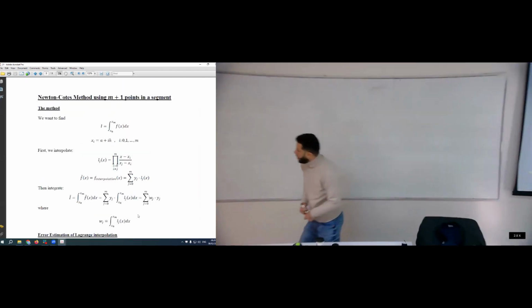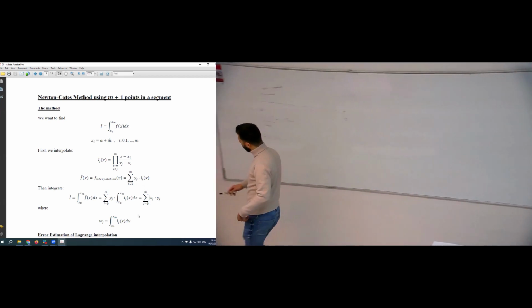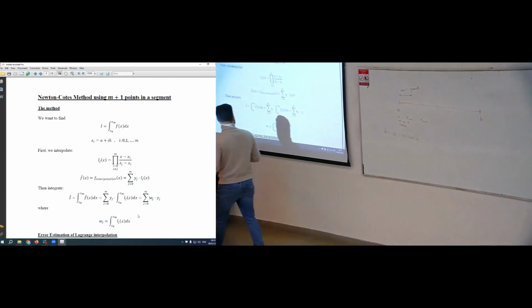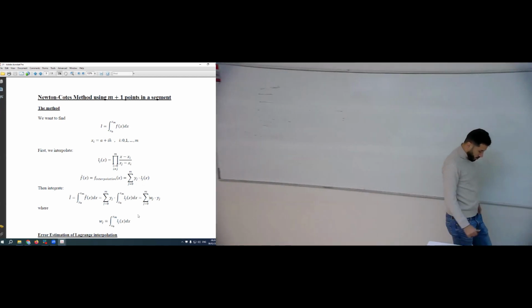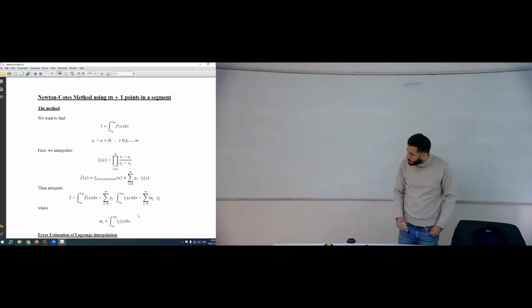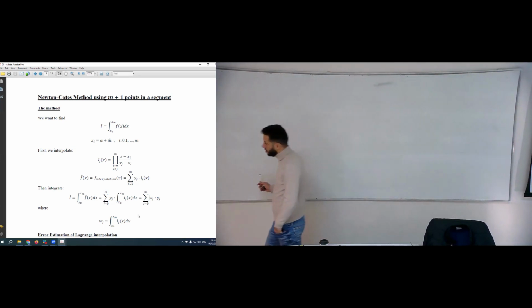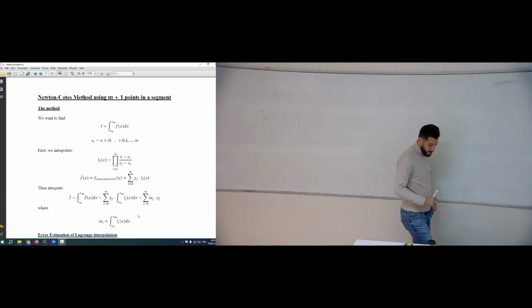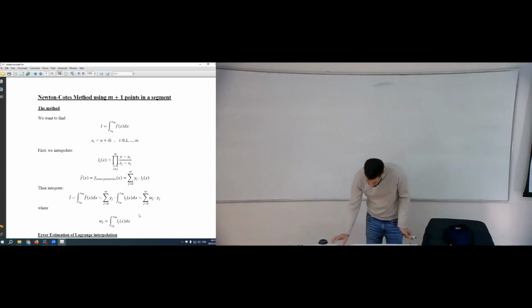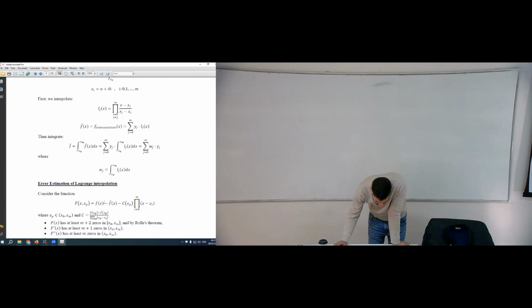How can I estimate the error? I will say that I know some form of the error of f of x minus f hat of x. So for that, I will use what you know from calculus.